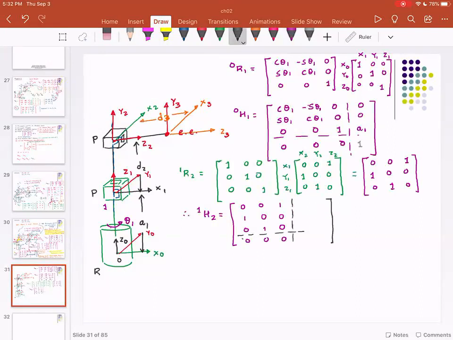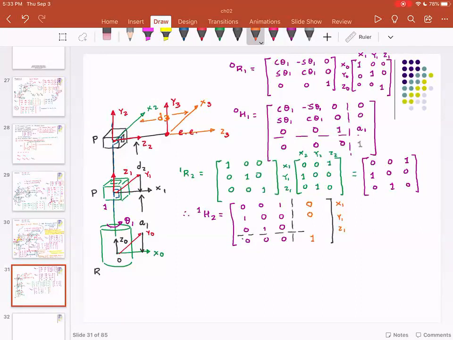Now let's talk about the distances. These distances should be along x1, y1, and z1. So between 1 and 2, along x1 is 0. Along y1 is 0.